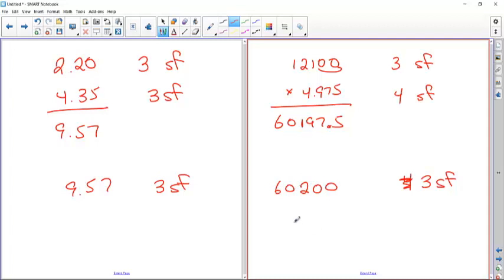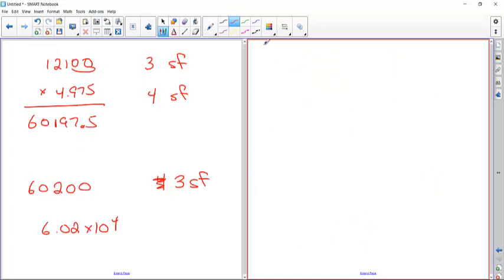You could do it as 6.02 times 10 to the 4th. That would also work. Now if I had 1.210 times 10 to the 4th, which is the same as this number, except I've added 1 significant figure, and you multiply by 4.975, again, you can plug those in your calculator.